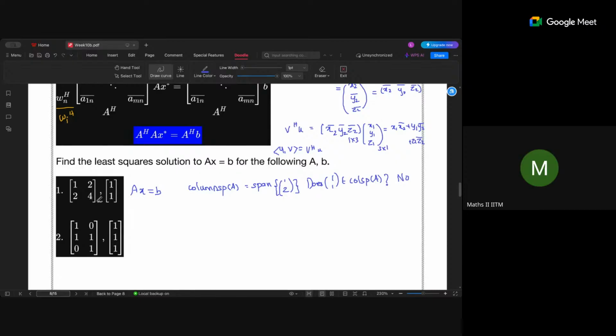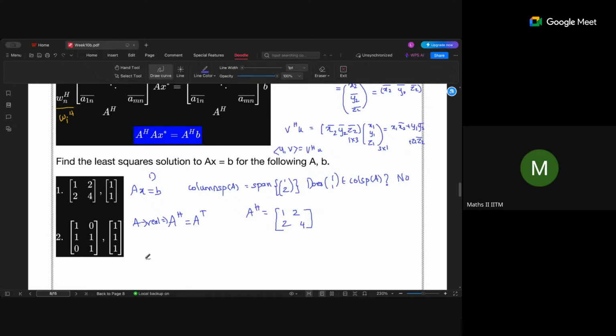In that case, we have to now look at AH A x star equal to AH B. In the case of real matrices, AH is the same as A transpose. If A is a real matrix, then AH is the same as A transpose. So for the first problem, what is AH? 1, 2, 2, 4. It's the same matrix in fact.